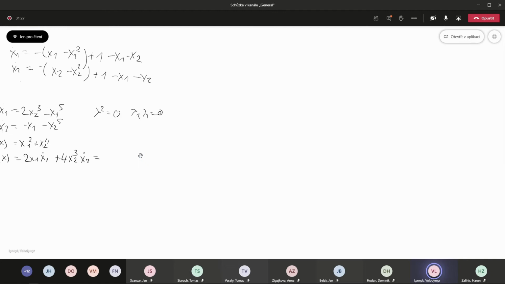And now put in the first and second equations here.